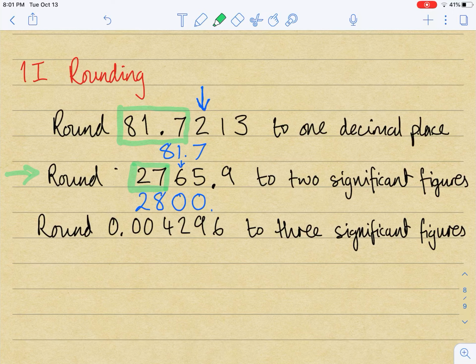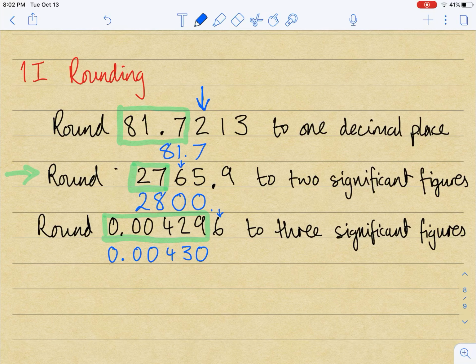Let's look at an example with small ones. 3 significant figures. Well, I have to ignore the first zeros and start counting 1, 2, 3 significant figures there. Then I look at the next digit along, it's a 6, so I'm going to round up. And the 4 to 9, we need some placeholders here, 0, 0. 4 to 9 plus 1 is going to be 4, 3, 0.